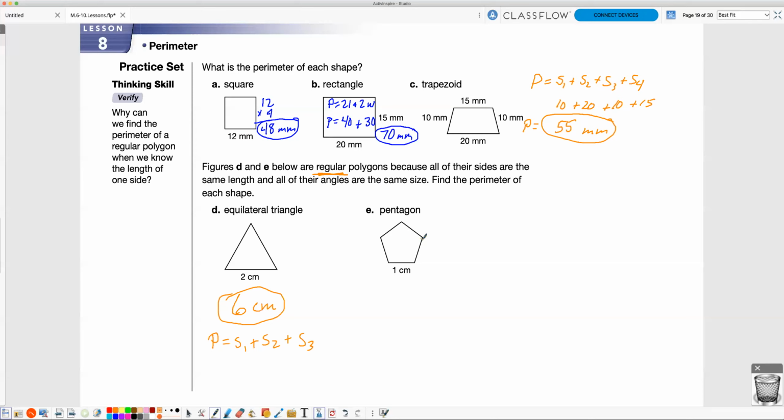Go ahead and answer that. As you can see, there's 1 centimeter for each side. So that means the perimeter of this one is simply 5 centimeters. And that's the distance around that shape. So if you start here and you travel this way, there's 1, there's 2, there's 3, there's 4, there's 5.